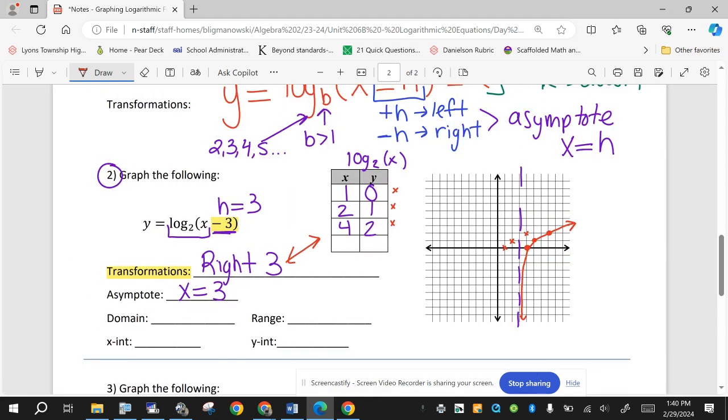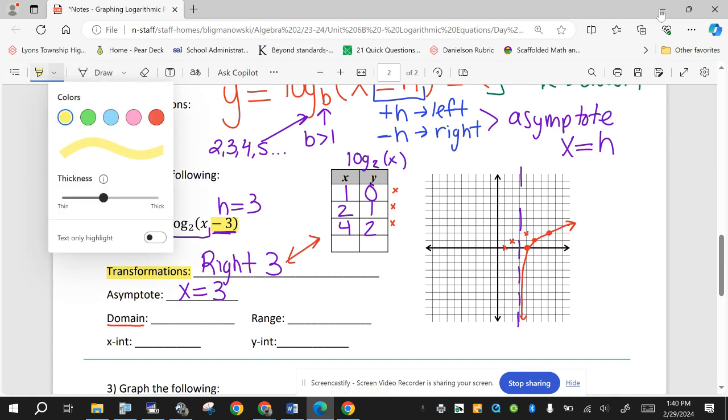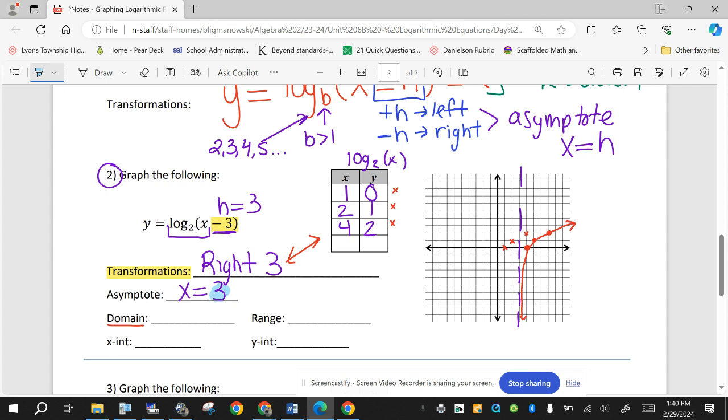All right, so thinking about my domain, again, my domain is always going to start with the same number as my asymptote. So it's going to be 3 to infinity. That's starting here at 3 and it's going to infinity. And then my range is going to be starting at the bottom, so negative infinity to infinity.